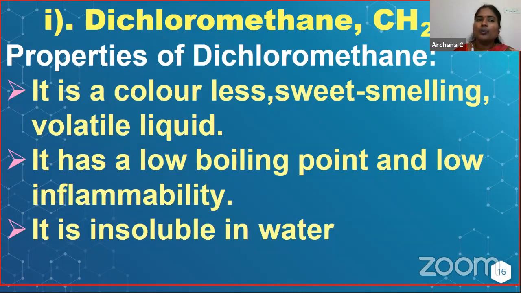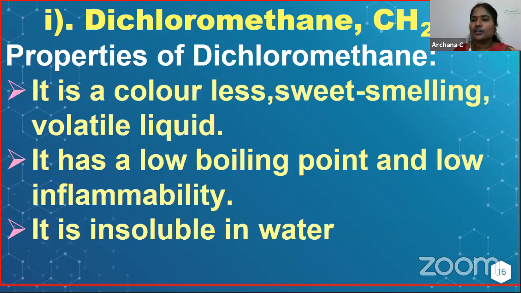Let us discuss the properties of dichloromethane. It is a colorless, sweet smelling, volatile liquid, and it has a low boiling point and also low inflammability.